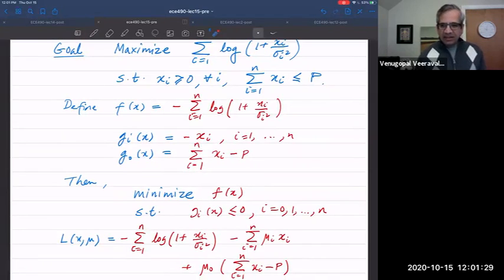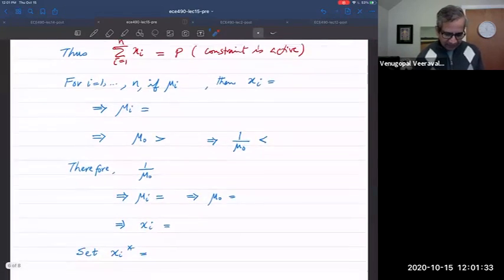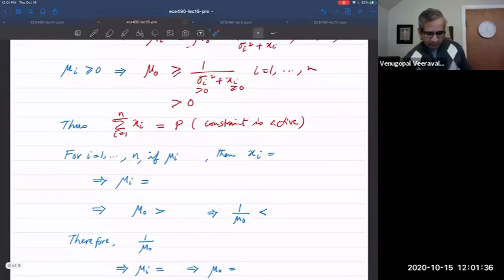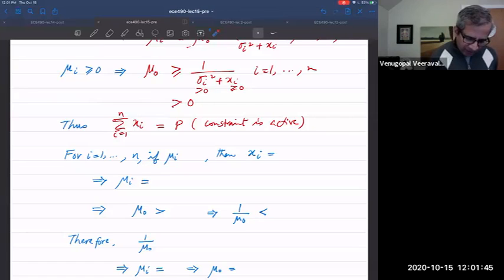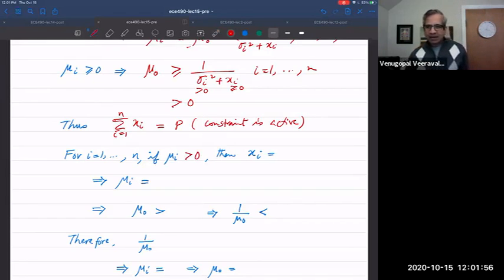Okay. But the other constraints may or may not be active. Let's see what happens with the other values of mu i. So we know that mu 0 has to be positive. So suppose one of these other constraints is active, so mu i is positive for one of these other guys. Well, for those constraints, mu i being positive by complementary slackness means that xi is 0.